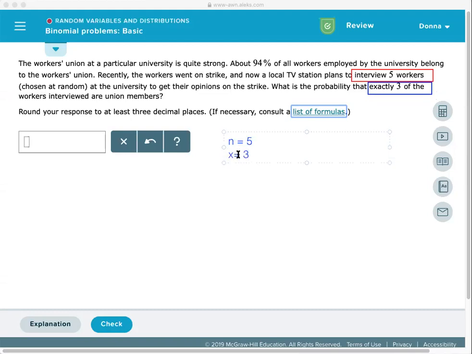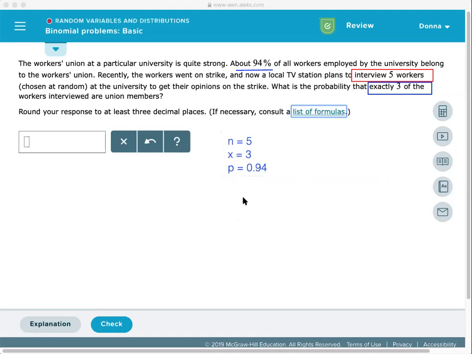And then the probability of success is equal to, well, what's the probability that they're going to be a union worker? And we know that they're going to be a union worker, it says here, about 94%. So the probability of being a union worker is going to be 0.94 when we convert percent to a decimal. So p is equal to 0.94.